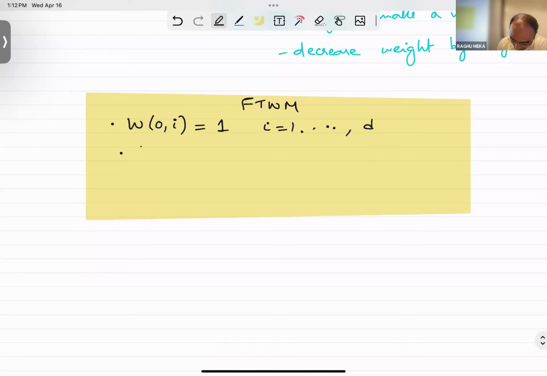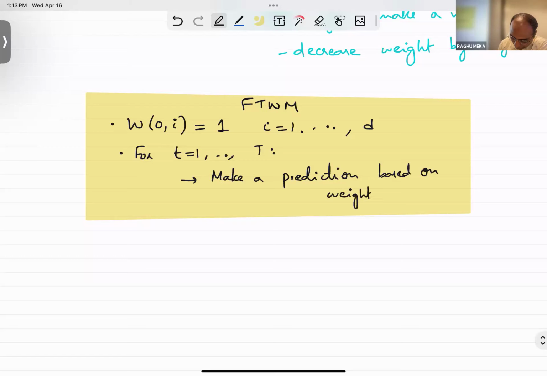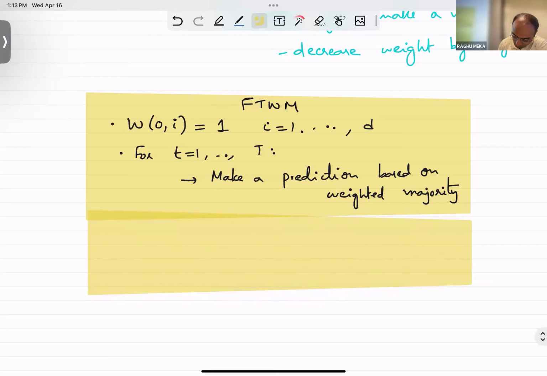And then for t equals 1 through however long you run the game, we make a prediction based on weighted majority. So that's the prediction phase.